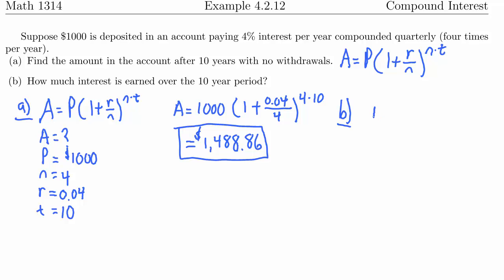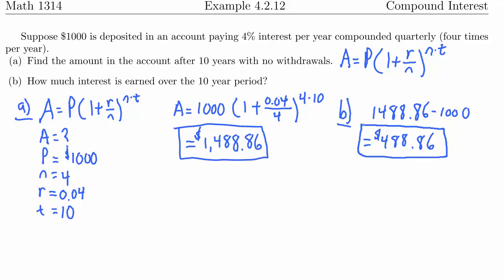So the interest earned was 1488.86 minus 1,000, and that is $488.86. So over 10 years you earned $488.86. Congratulations.